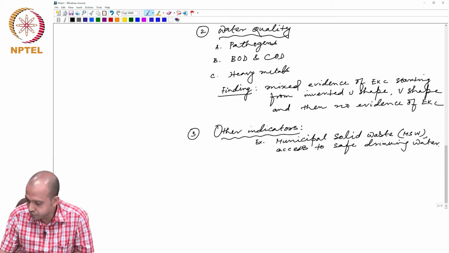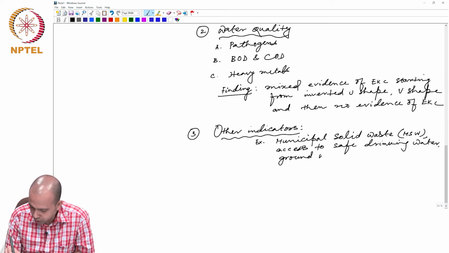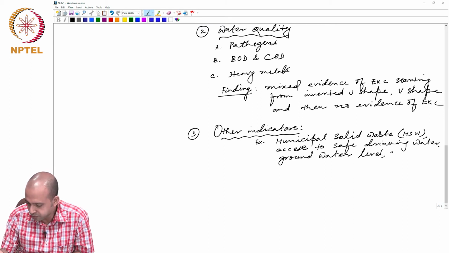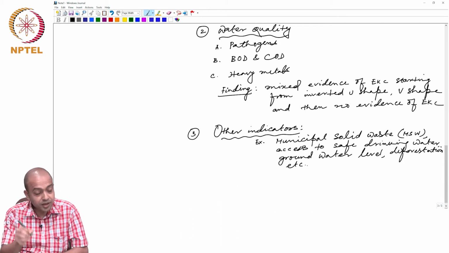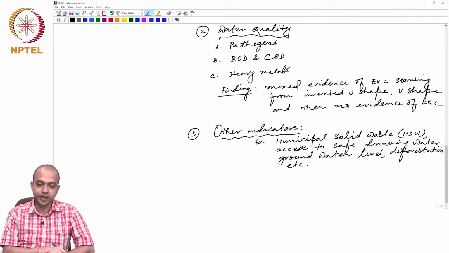It can also be measured by groundwater level, deforestation, etc. These are the other indicators by which environmental quality can also be measured.